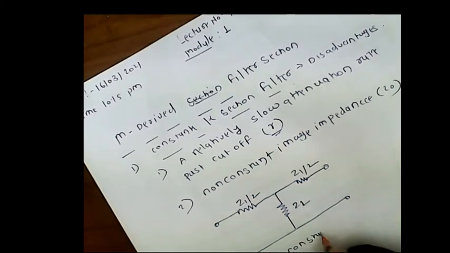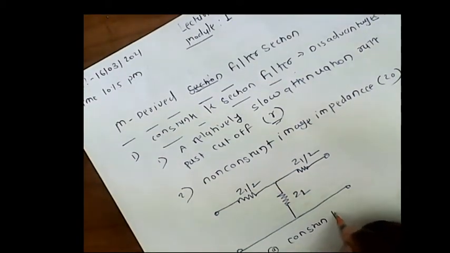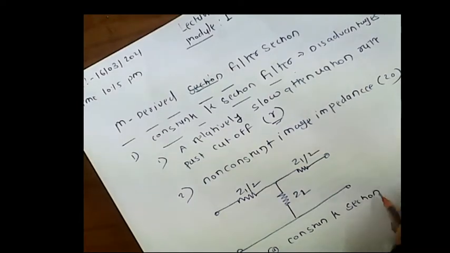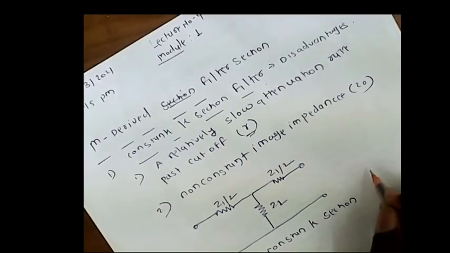So this is figure A, the derived constant K section. And instead of Z1 by 2, we put in the M derived filter Z1 dash by 2, Z2 replaced by Z2 dash.